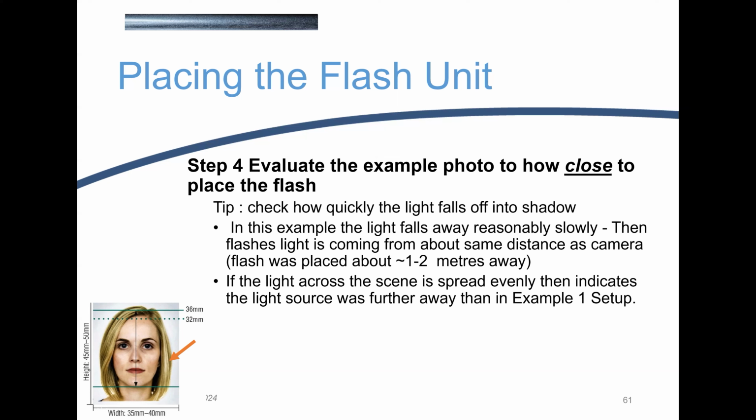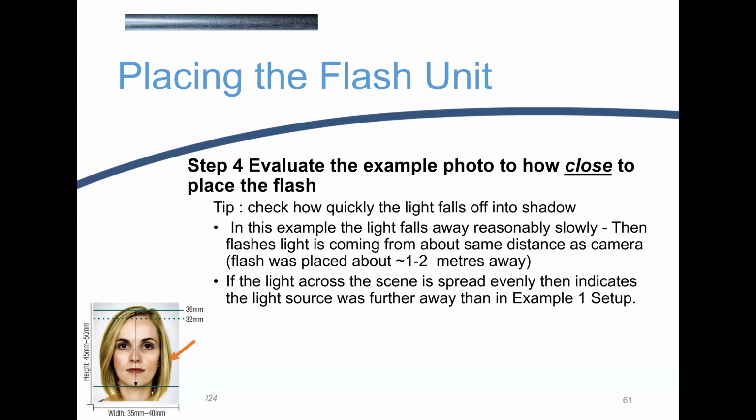As you pull that torch away from the wall, you can see you get more even lighting. And in this example, we've got fairly even lighting across a face. So it means the light is falling away fairly slowly, which means that the light source, the flash, is 1 to 2 meters away. We put it, say, 2 meters away, and then we test it.